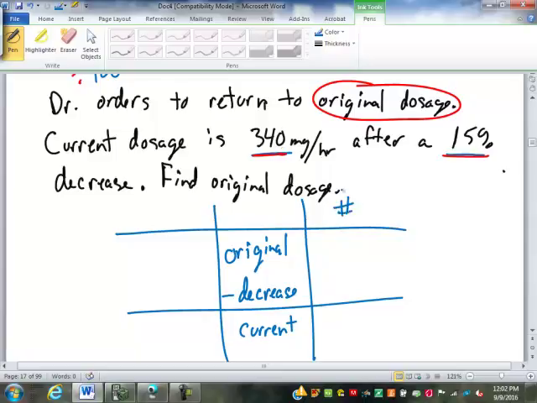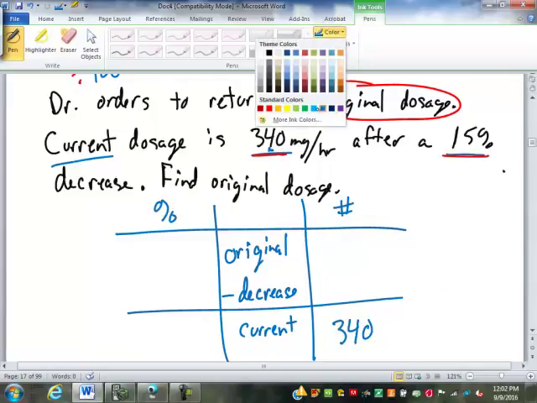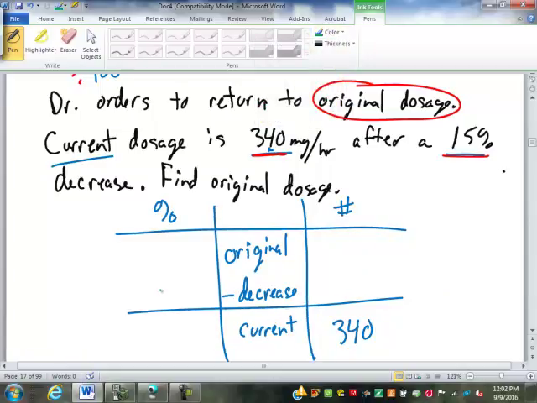On the numbers side of this, I have the 340. That is the current dose. That's after the decrease. On the percent side of things, I know that the decrease is 15%, but I also know, as always, the original was what percent? 100%. So the current is 100 minus 15, or 85%. Are we looking for the amount of the decrease or the original dose?